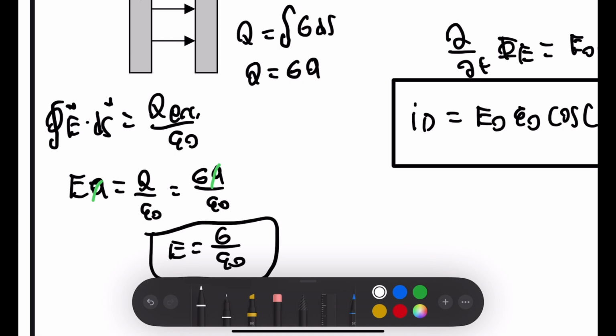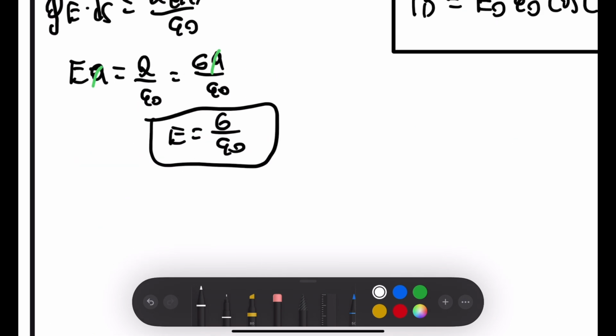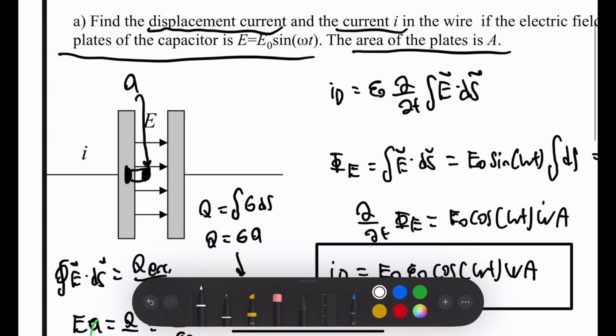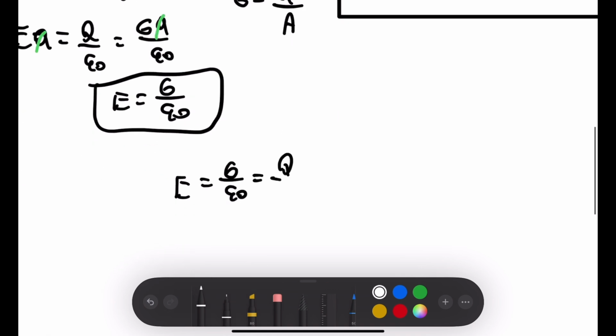And then we use this fact and apply it to our current capacitor. So we would have E is equal to sigma over epsilon naught. And we basically work backwards. So we say sigma is now Q over A, but with respect to our actual capacitor now, the area is big A. So it'll be Q over A epsilon naught.